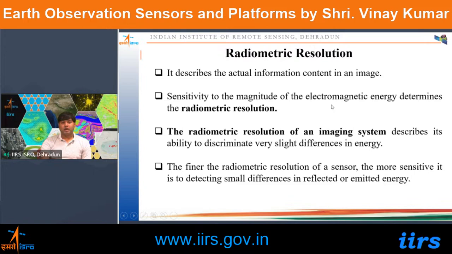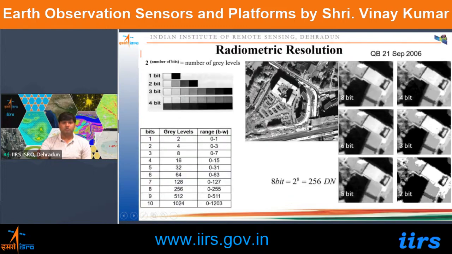Sensitivity to the magnitude of electromagnetic energy determines the radiometric resolution. So it actually discriminates very slight differences in the energy. Suppose there are two features which have very small variation in the energy level recorded by the sensor, if your radiometric resolution is high, you can differentiate that. So how? I'll be showing that.